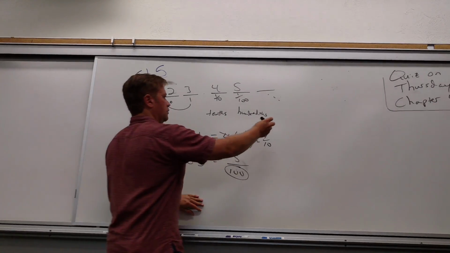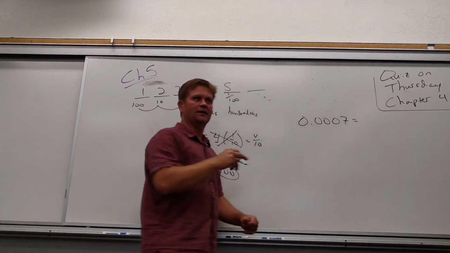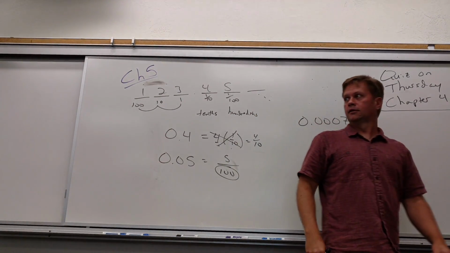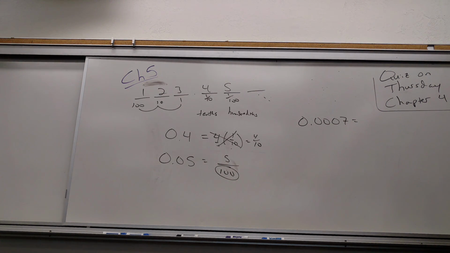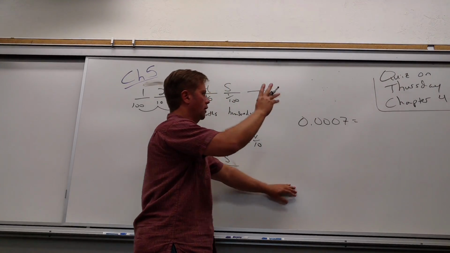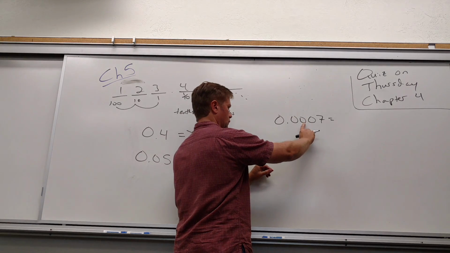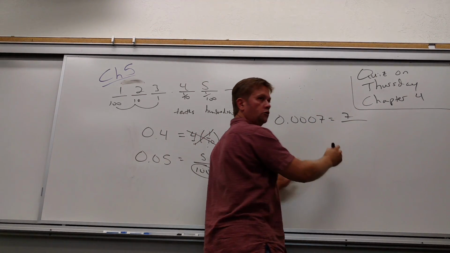So what about this one? I'll show you a couple tricks. The simple way, the direct way, is tenths, hundredths, thousandths, ten-thousandths. Also, notice this.